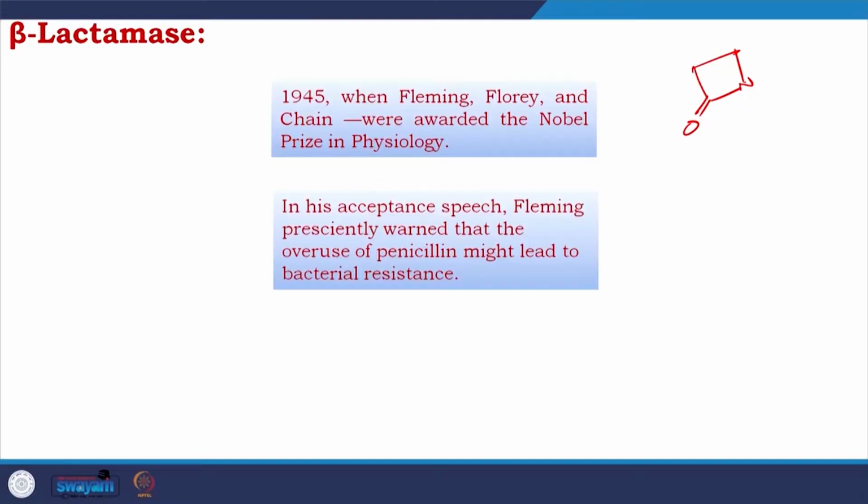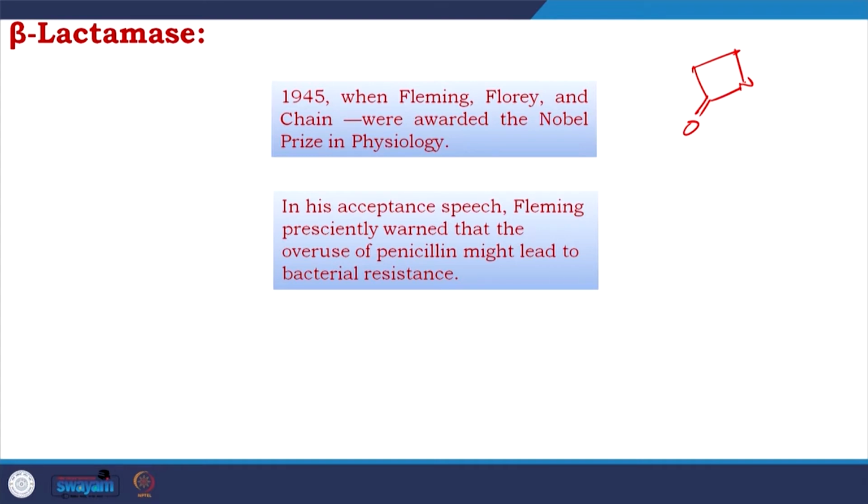Fleming didn't do significant work in between, and why he didn't, he actually talked about that in his Nobel Prize acceptance speech. In his acceptance speech, Fleming very clearly warned that the overuse of penicillin might lead to bacterial resistance.